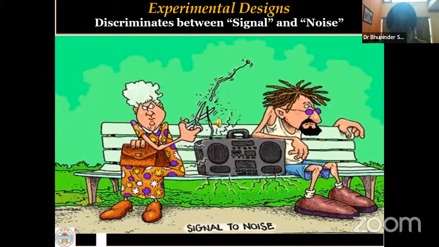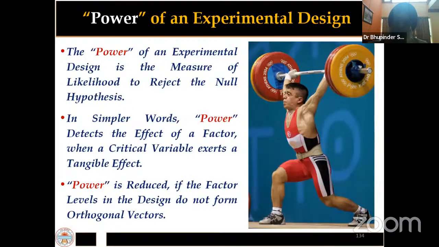So it depends what is signal and what is noise, but signal to noise decoupling and maximization is possible only using experimental design. So experimental designs are absolutely a must. Time does not permit me to go into details of experimental design, but the power of experimental design is very, very important to understand.